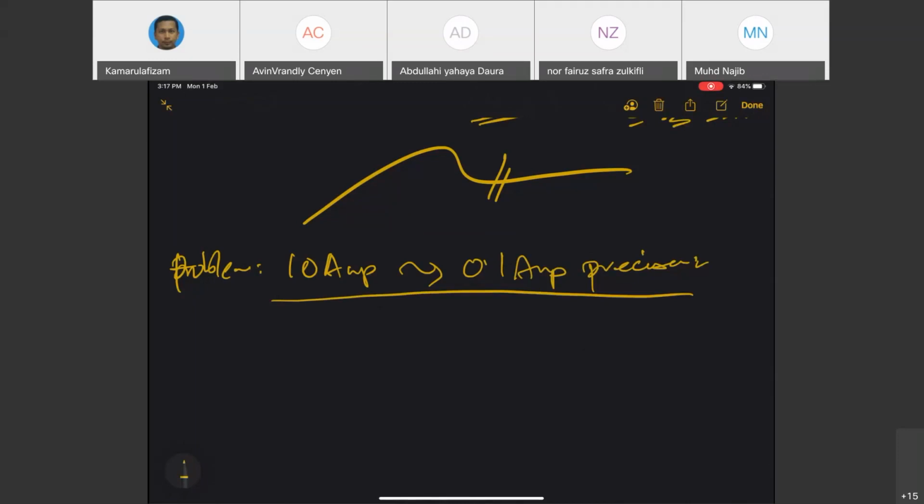Of course, the voltage is 240 volts. For any AC system, the voltage is very much fixed.